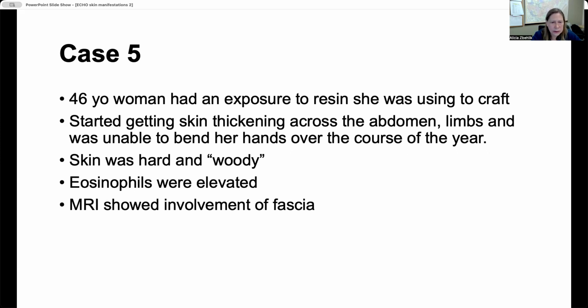Over the course of the year, it got to the point where she really could not bend her hands. The skin was hard and woody, and she had an eosinophilia, and she's had an MRI, which shows some involvement of not just the skin, but the fascia. So just deeper to the skin as well.